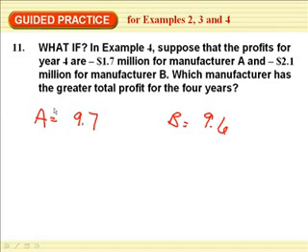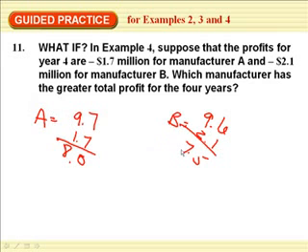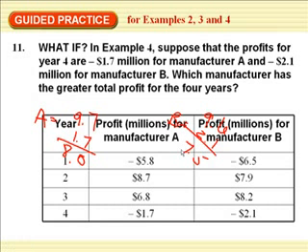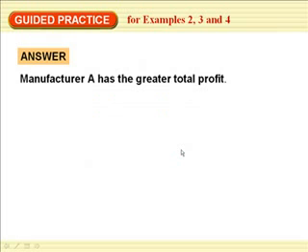Well, A lost 1.7 million, so they're at 8. B lost 2.1, so they're at 7.5. So manufacturer A would still have the greater profit. We already had those first 3 figured up, so I just used what example 4 had to help with that.